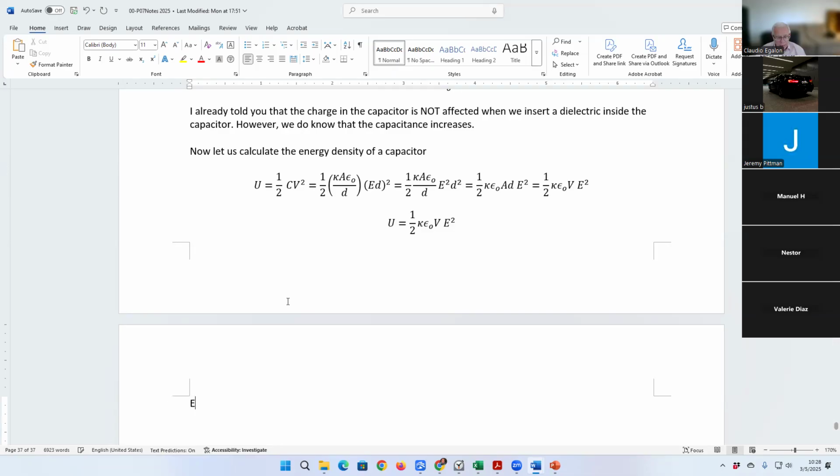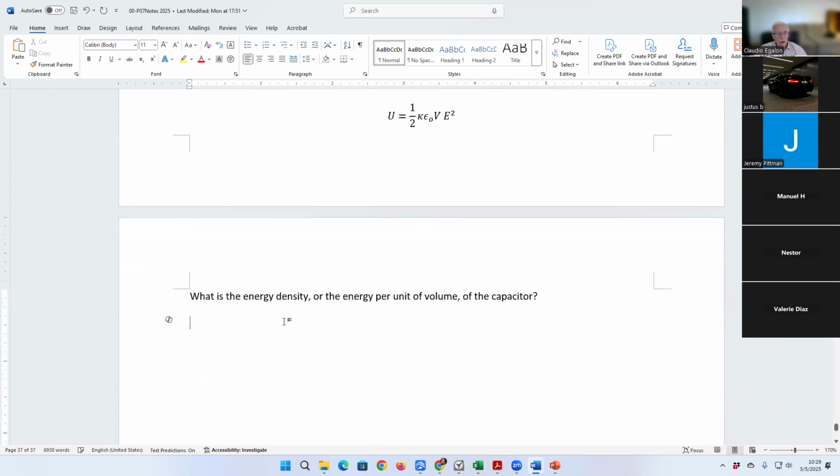What about the energy density? What is the energy density of the capacitor? The energy density is the energy per unit of volume of the capacitor. All you have to do is divide both sides by V. When I divide by V, the V on the right side is going to disappear.